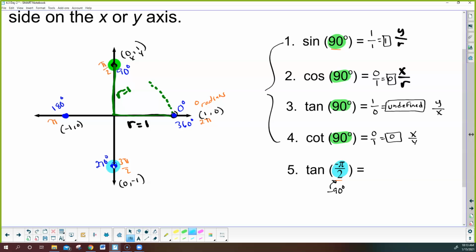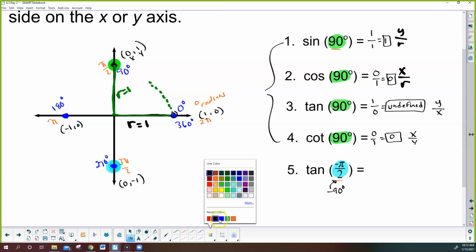So where would that be? That would put us right at this point, which another way to say this is what would the tangent of 270 be? Because I could go this way instead of 90 degrees this way or 270 this way. Those are coterminal angles.